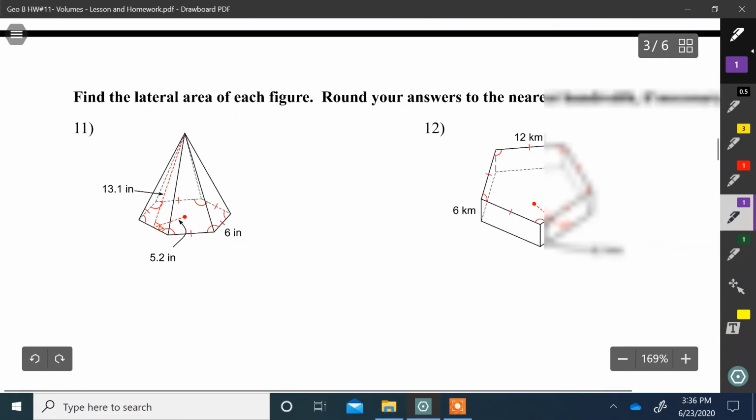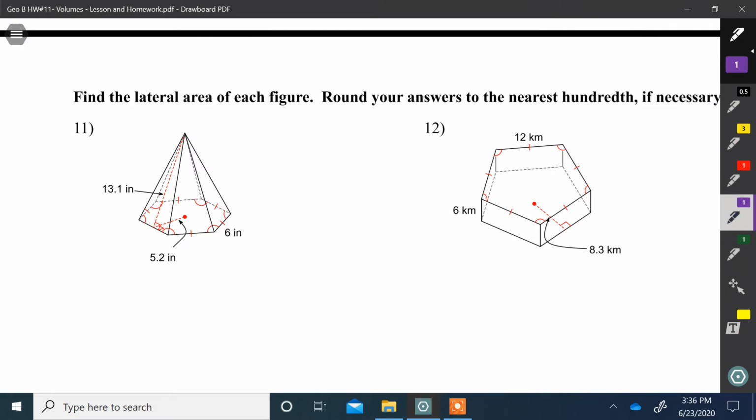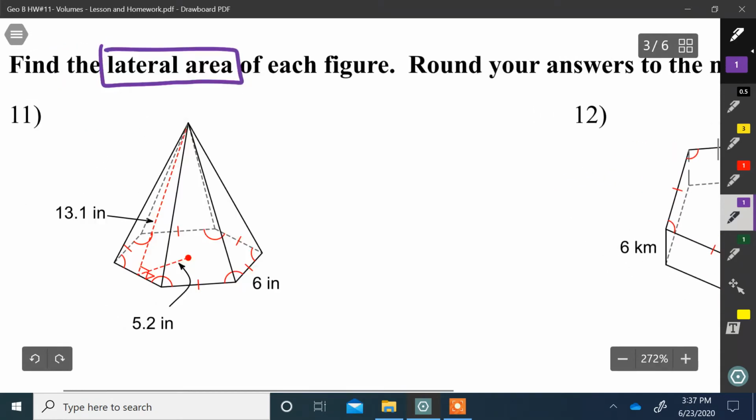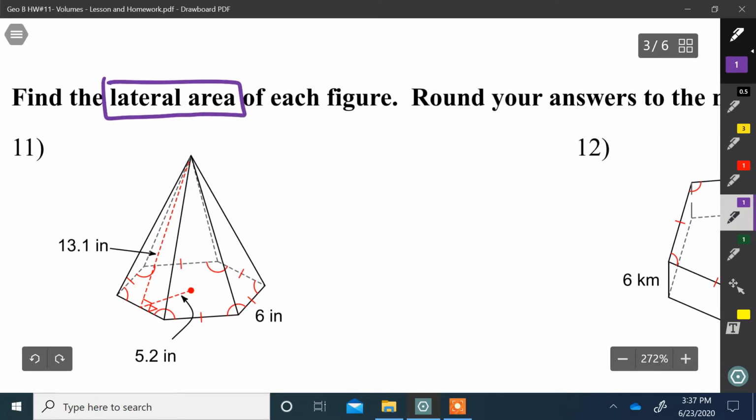We are going to do lateral area now. And what is lateral area? Let's talk a little bit about that. I don't want to focus too much on it because lateral area is very similar to surface area, but here's the main difference. Lateral area is talking about everything that is on the lateral.